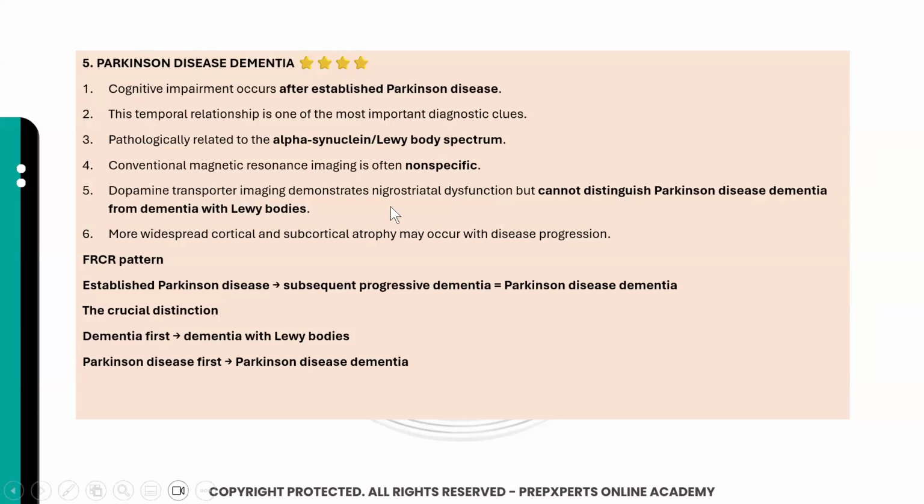Dopamine receptor imaging demonstrates nigrostriatal dysfunction but cannot distinguish Parkinson's disease dementia from dementia with Lewy bodies, because nigrostriatal dysfunction will be present in both of these. More widespread cortical and subcortical atrophy may occur with disease progression. Established Parkinson, then came dementia. This is your Parkinson's disease dementia. And we already discussed that if dementia is first and Parkinson's symptoms later, that is your dementia with Lewy bodies.